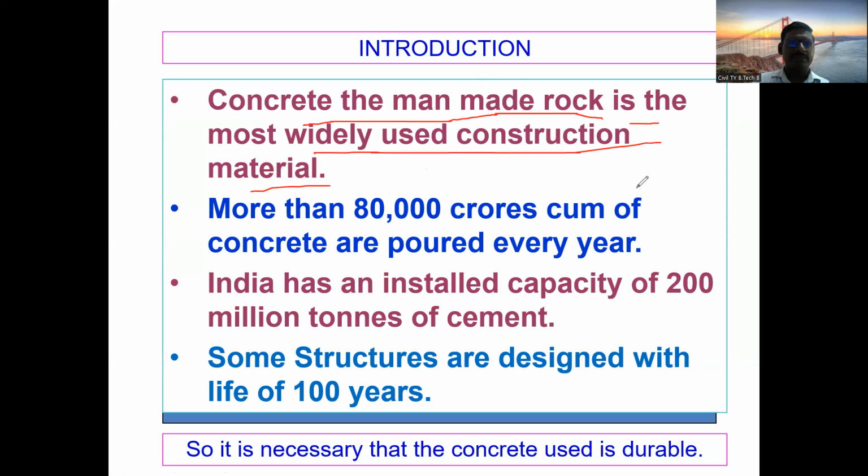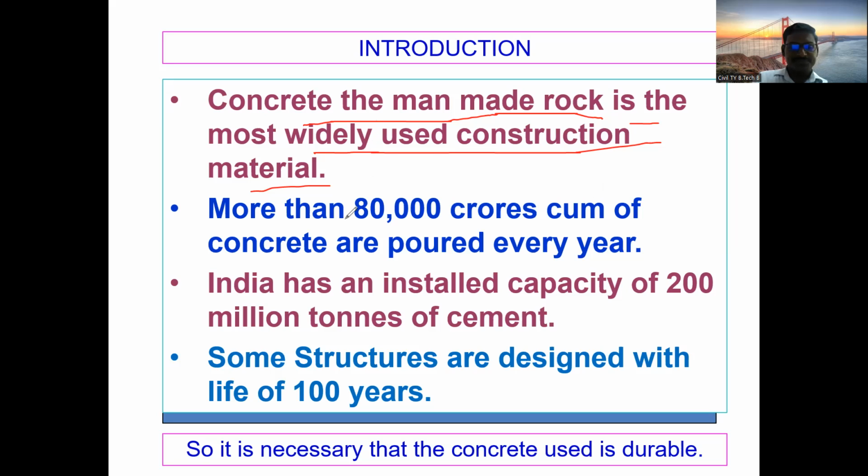जसा आपला basalt rock आहे किंवा other type चे rock आहेत. So those rocks are naturally available. But the concrete is a man-made rock, and we are using it widely as a construction material.